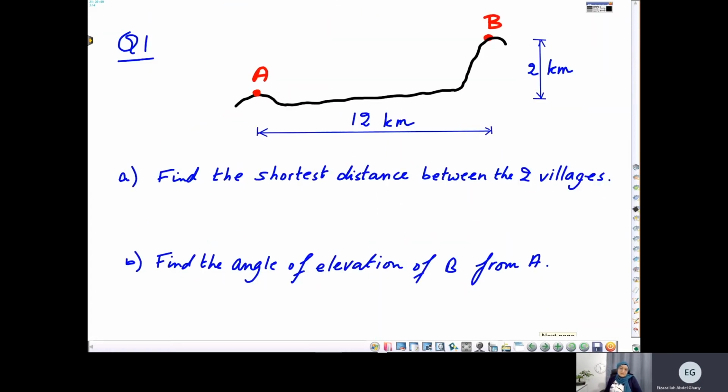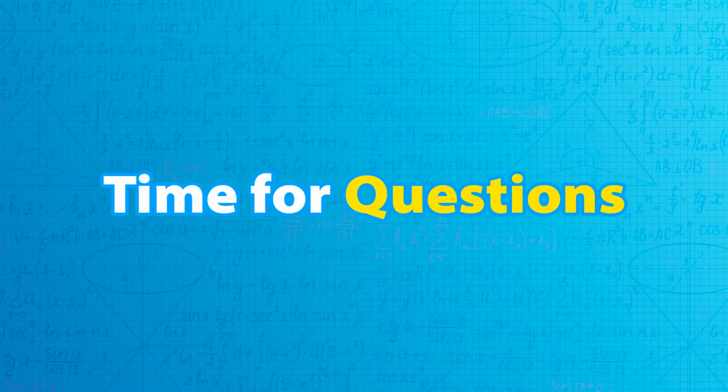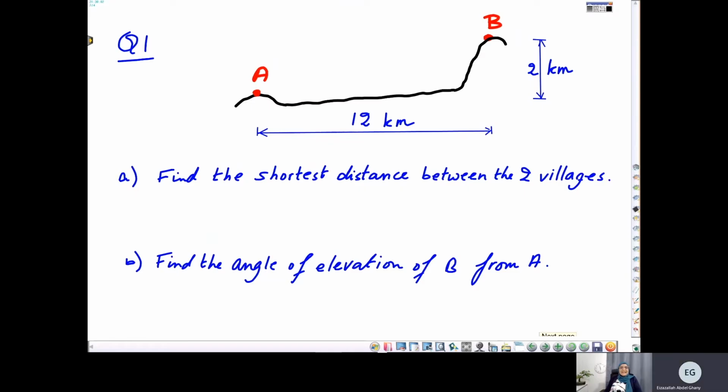And here is another example. In this example, here are two villages. A and B are two villages.